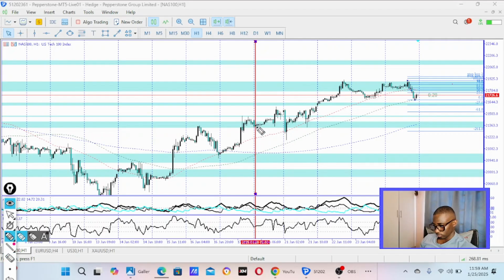When the market opened, price pushed up. It broke this area, which was the previous higher high, and made a higher high. So price made a higher low over here and a higher high right here.